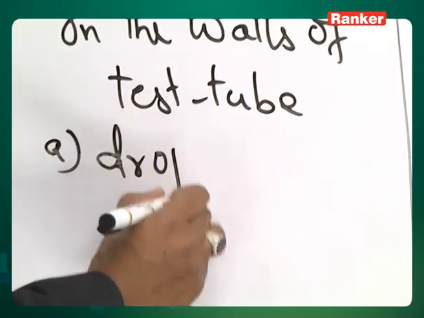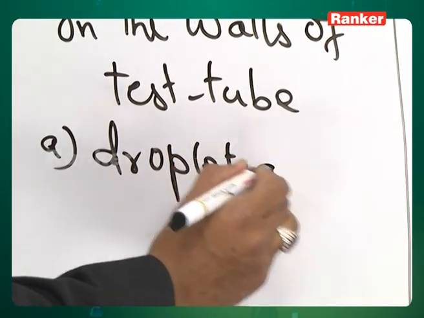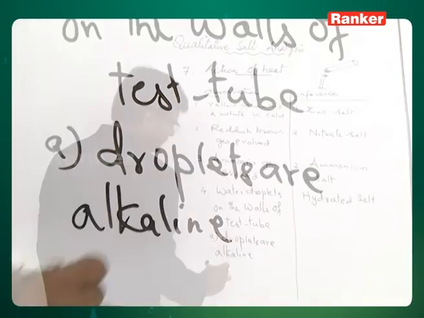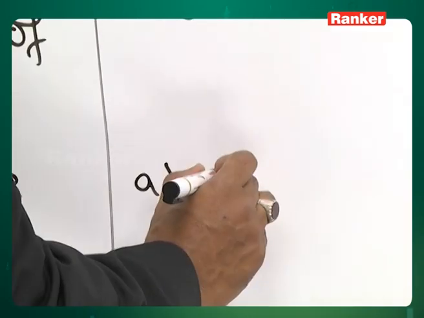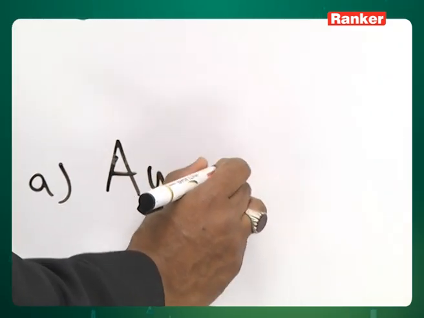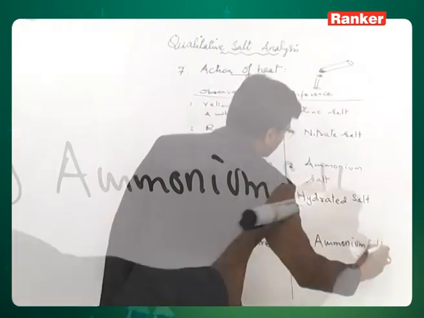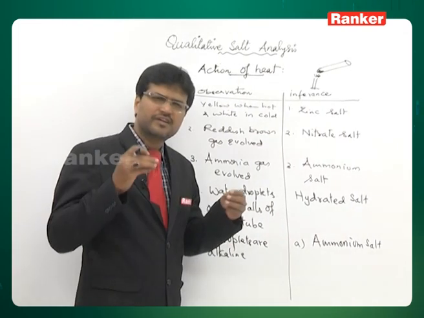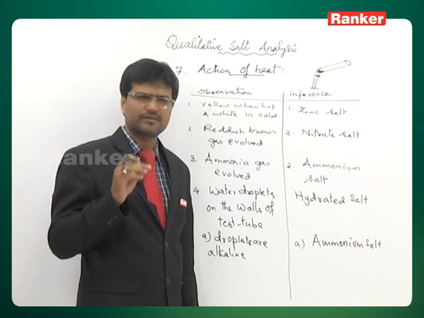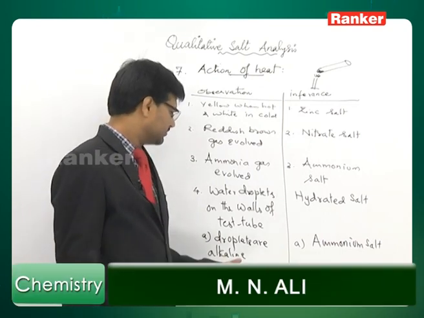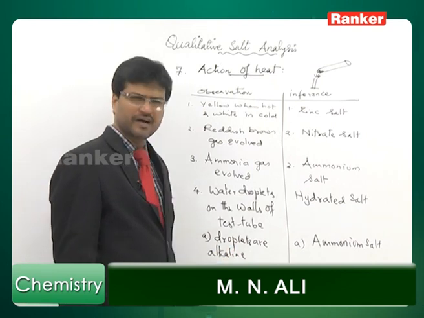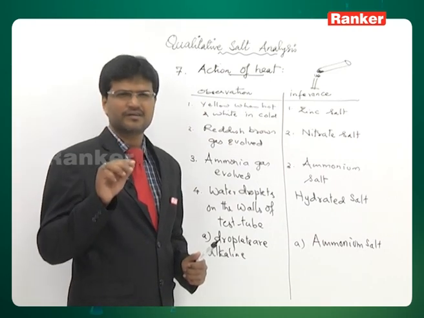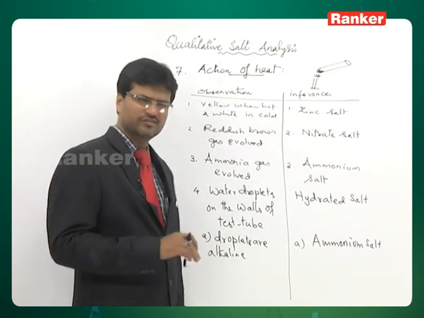If the droplets are alkaline, then it indicates that it is an ammonium salt. Why? Because when ammonia gas escapes from the test tube, it will dissolve in the water droplets on the walls of the test tube and make the solution alkaline. So, if a hydrated ammonium salt is heated, the water droplets will turn red litmus blue, indicating that the solution is alkaline.